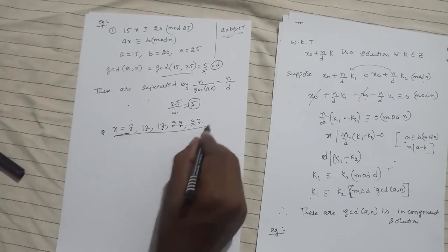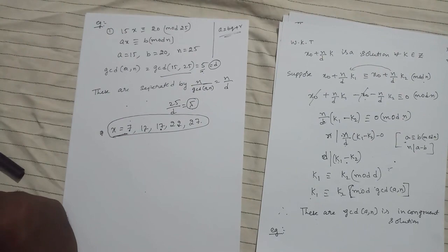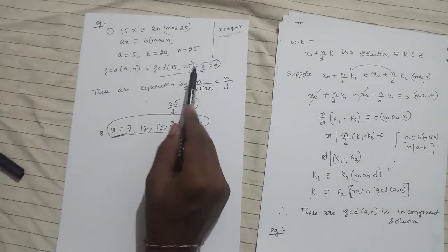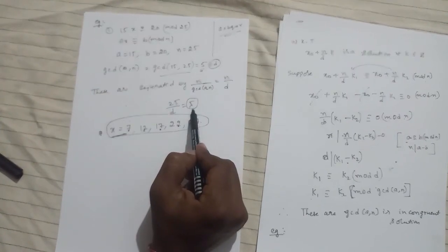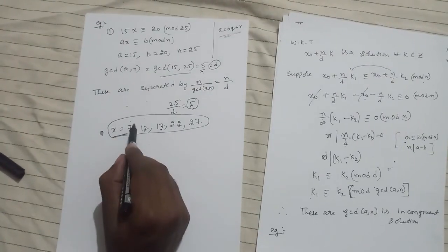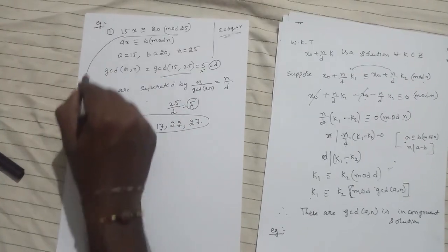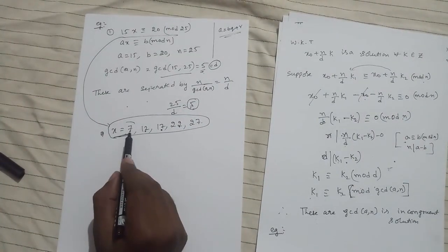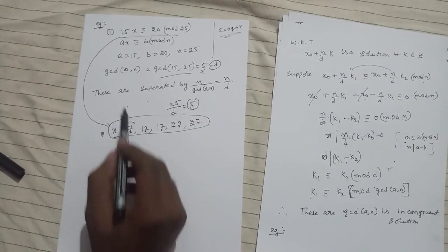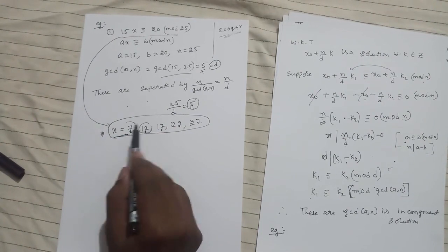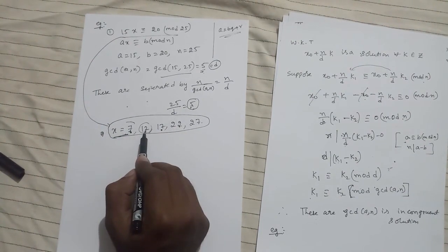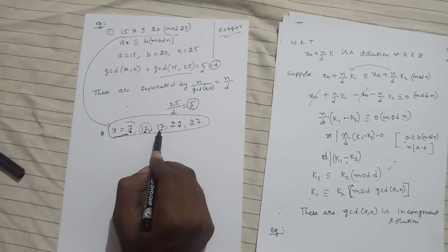So these are the solutions. You get 5 solutions, and n divided by d is also 5. Suppose the first solution is 7; then there is no need to proceed again, you can just add 5 to get 12, then 17.